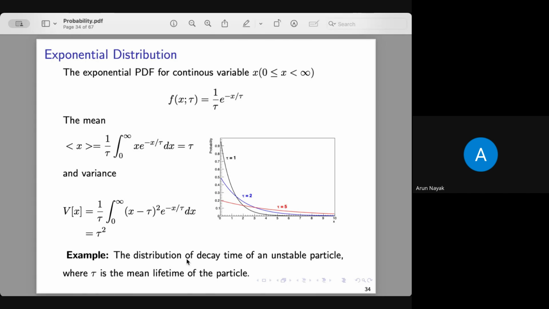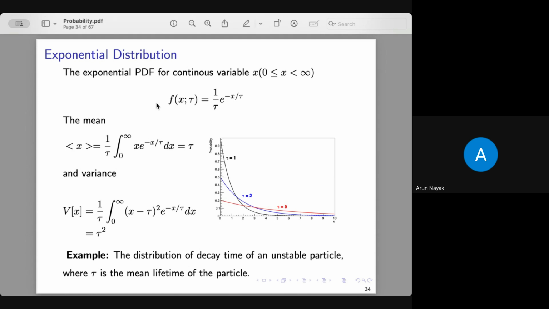Now the next one, which is the exponential distribution. Exponential distributions are very important in particle physics, because unstable particles decay, and their decay time distributions are modeled as exponential.